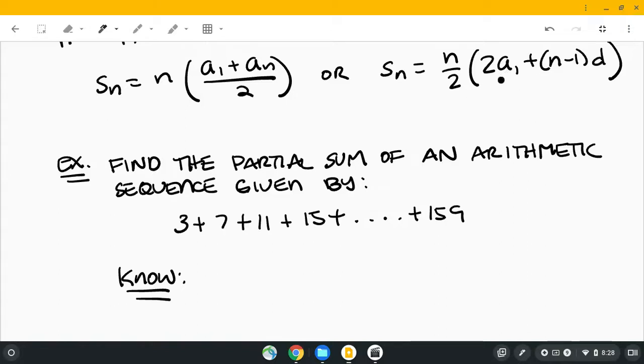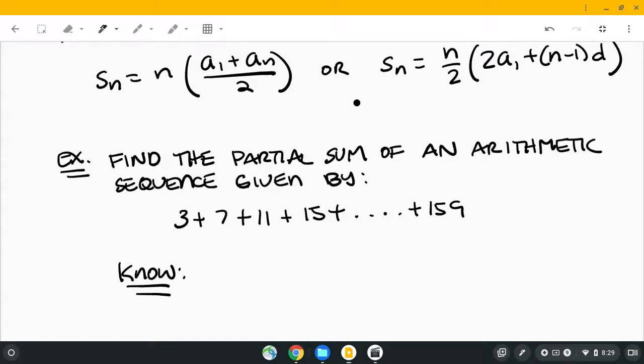We know it's 3. This one, we need to know what d is. Well, that's fine. 7 minus 3 is 4. But we don't know n. We have the a1, we have the d, we don't know n. Here I have a1, I have the nth term, it's 159. I don't know n. So either one that you use, you don't have enough information.